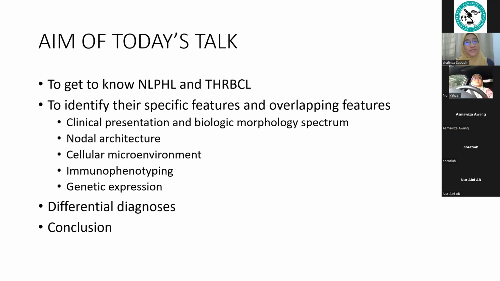We will try to identify what are their specific features and what are the overlapping features in terms of their clinical presentation, their biologic morphology spectrum, how we assess the nodular architecture, what are the cellular and microenvironment, which is very important, what are the immunophenotypes, and what are the genetic expression of these two entities. We will also briefly touch on the differential diagnoses that we need to consider along the line. And then we will try to conclude.